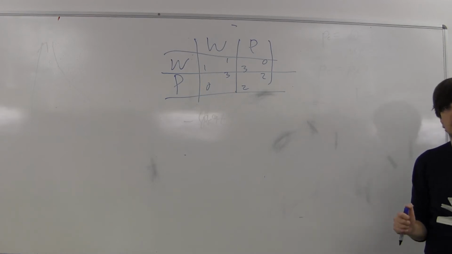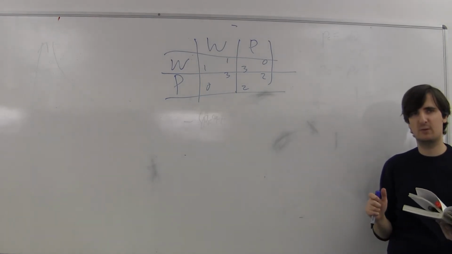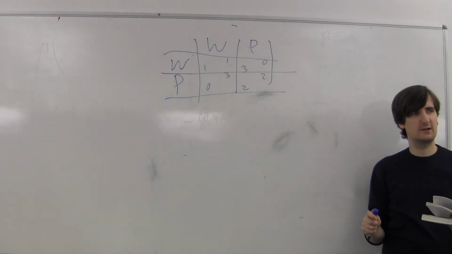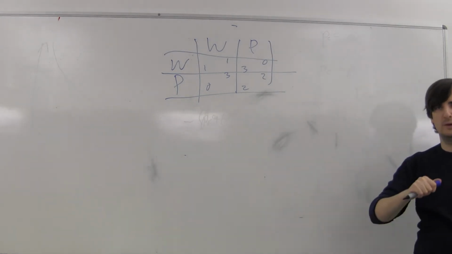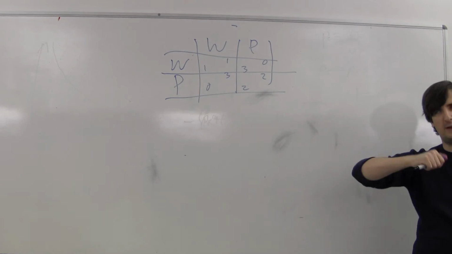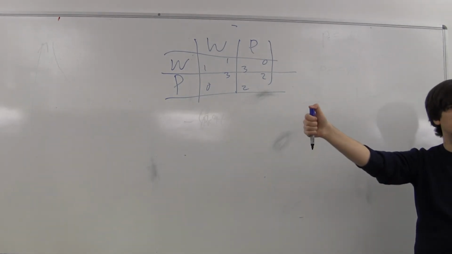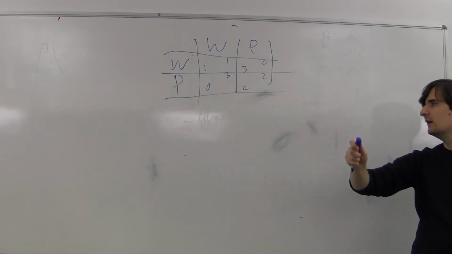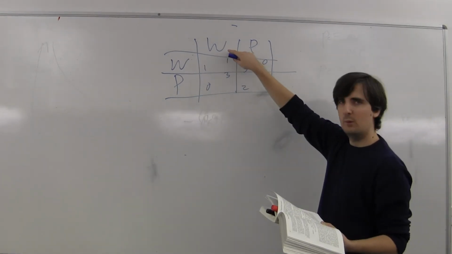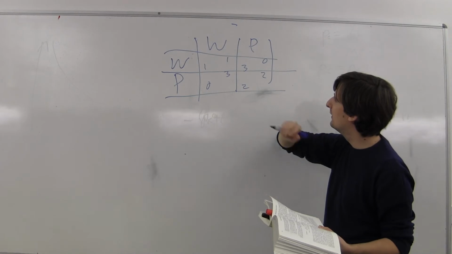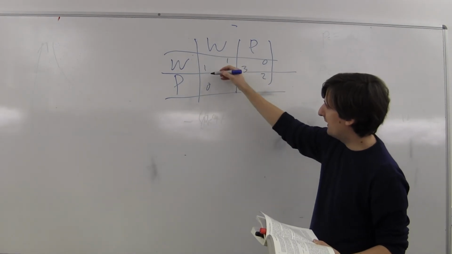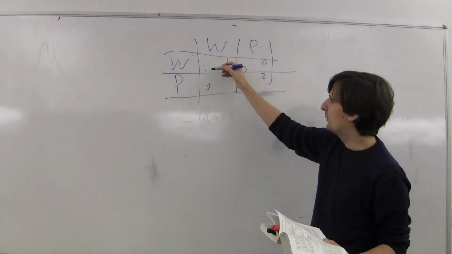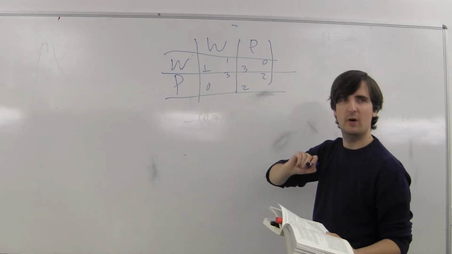I briefly mentioned them in the lecture, but just to remind you, a best response function tells you what player 1 would do if player 1 knew what player 2 was doing. So suppose I told player 1 that player 2 was going to play war, what would player 1 want to do? Well, player 1 has a choice in that case between getting 1 and getting 0, they prefer to get 1.